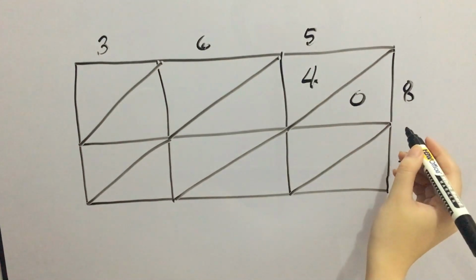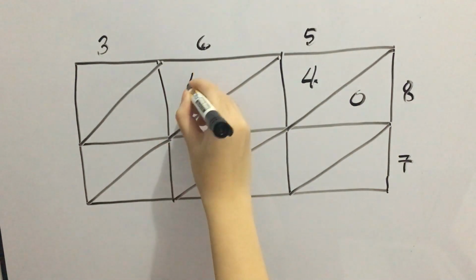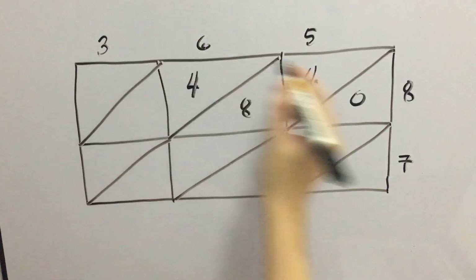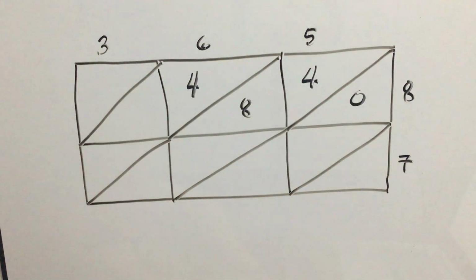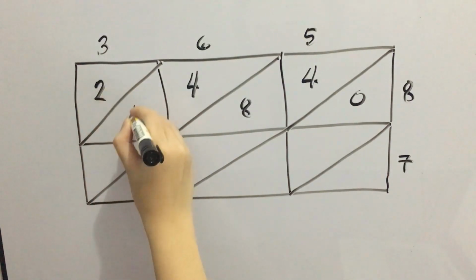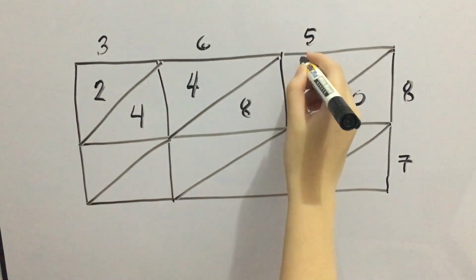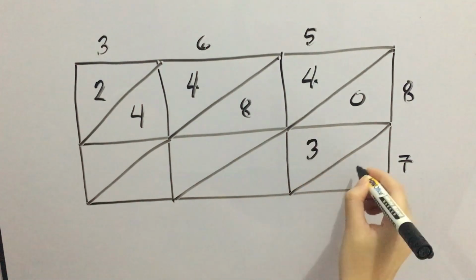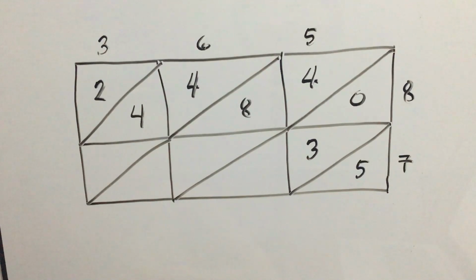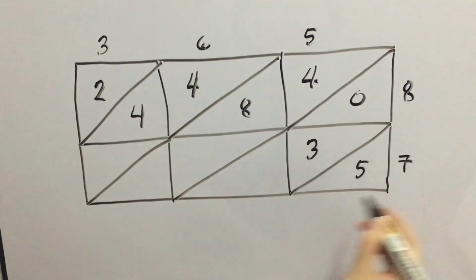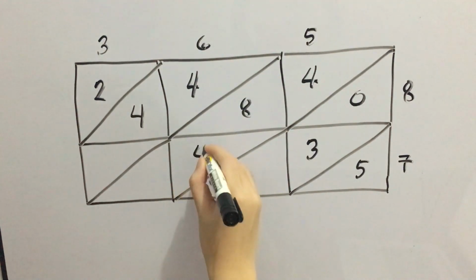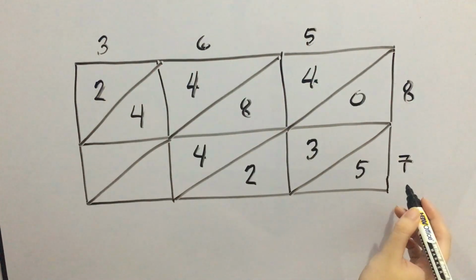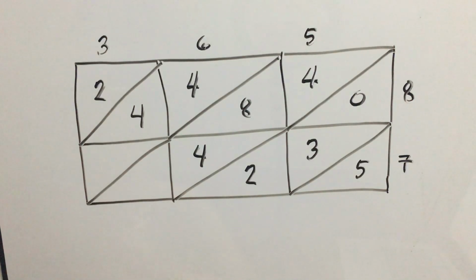6 times 8 equals 48. 3 times 8 equals 24. 5 times 7 equals 35. 6 times 7 equals 42. 3 times 7 equals 21.